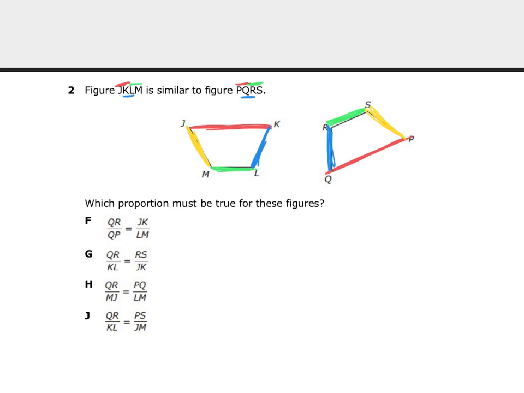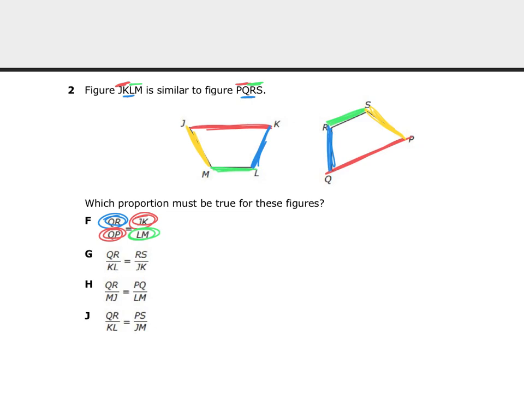So now that I have this visual representation, now I can look at my answer choices. F, I've got QR to QP. QR is blue, QP is red, JK is red, and LM is green.